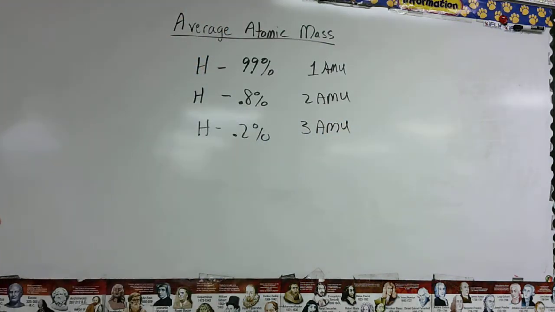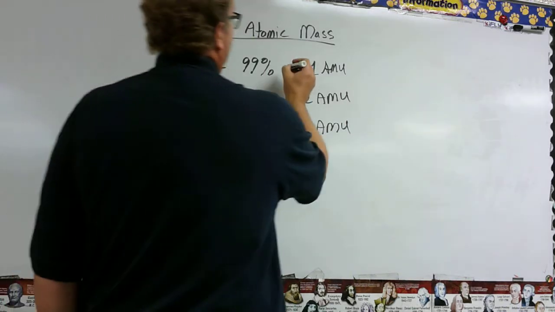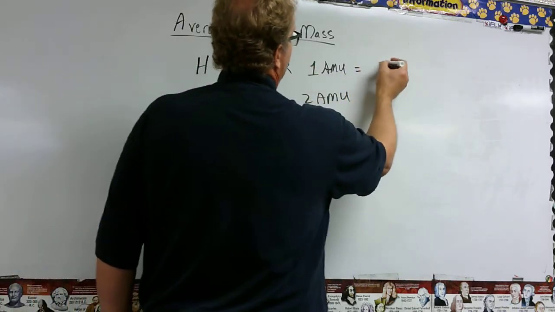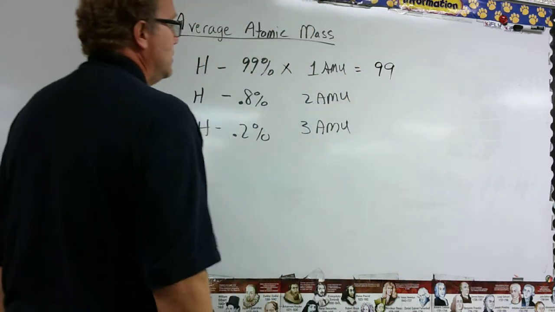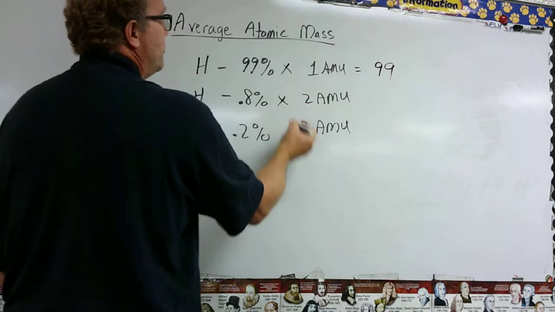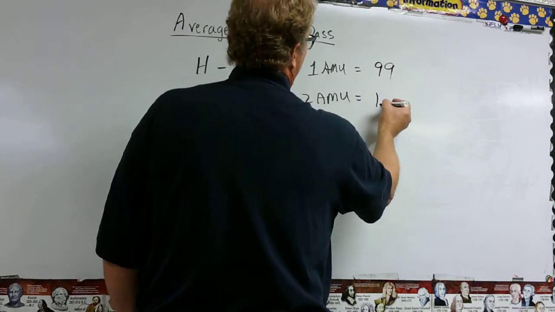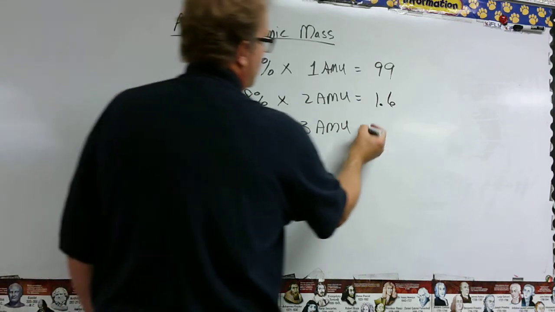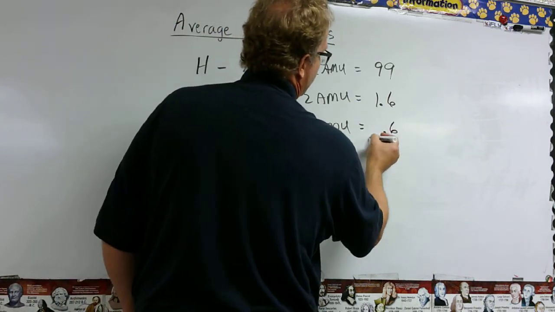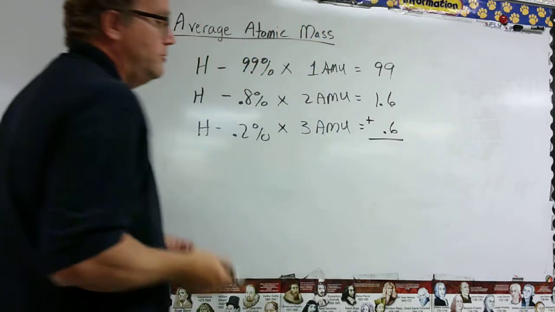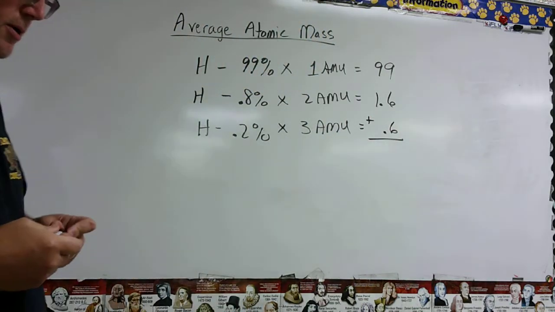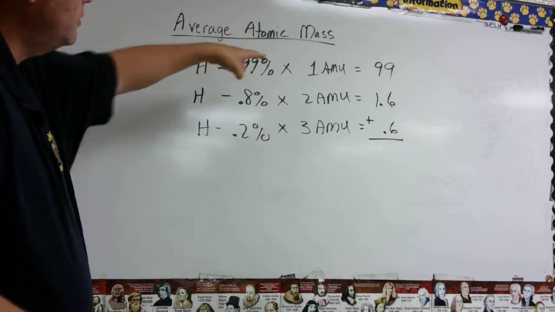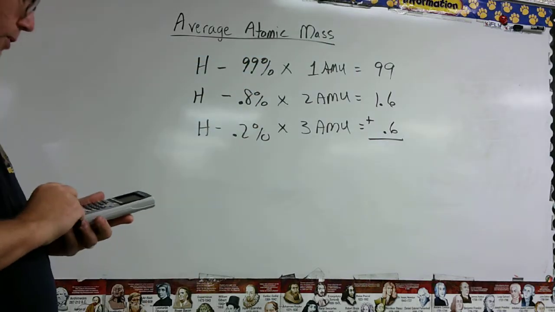Again, we're going to use the same procedure. So 99 times 1 is 99. 0.8 times 2 is 1.6. And then this one is going to equal 0.6. And all I have to do is add them all up. Your expected result is going to be extremely low, between 1 and 3.